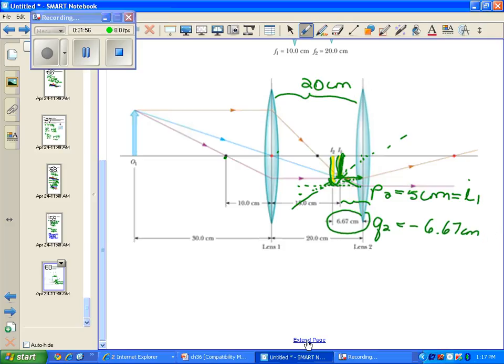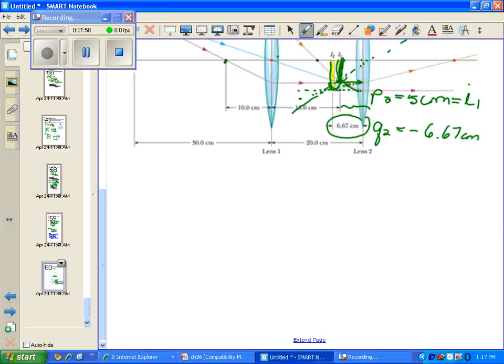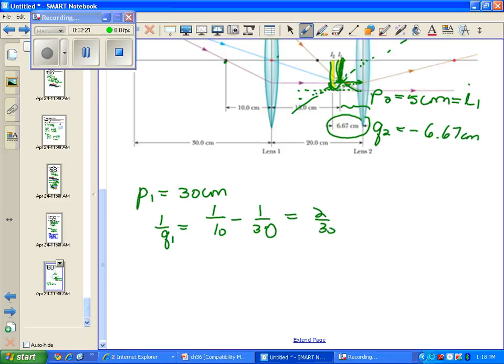Well, let's go ahead and work it out numerically now that we've examined the ray diagram. We start off with P1 is 30 centimeters. 1 over Q1 equals 1 over F, 1 over 10, minus 1 over P1, 1 over 30, and we end up with 2 over 30, so Q1 is equal to 15 centimeters, just as we expected.